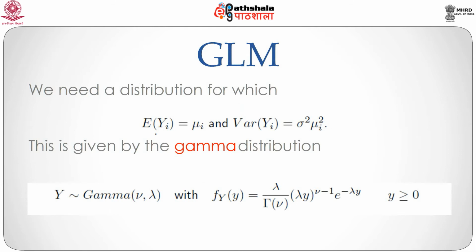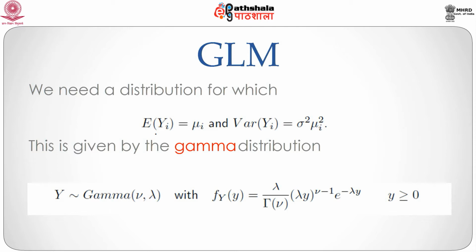Let us see how we can accommodate this within a GLM framework. So, we need a distribution for which expectation of yi equal to mu i and variance of yi equal to sigma square mu i square. Using this variance function, we can see that it is necessary to use the gamma distribution.